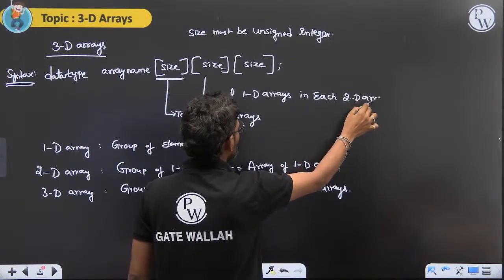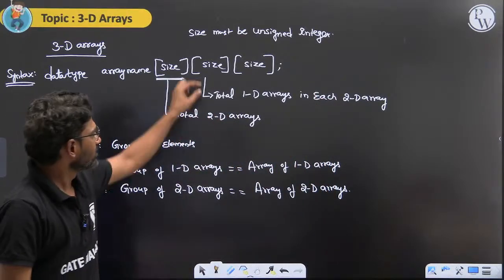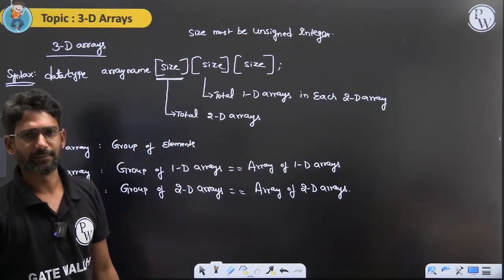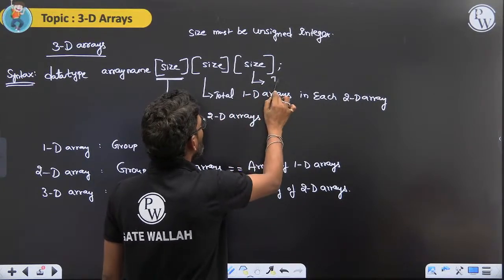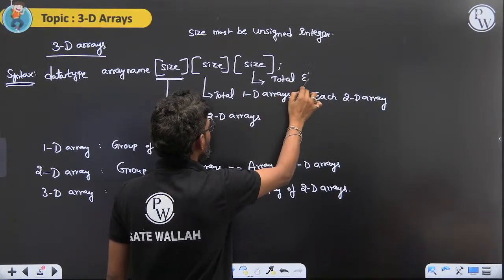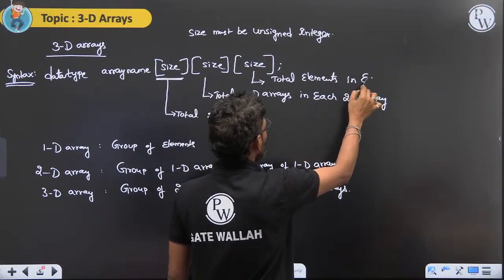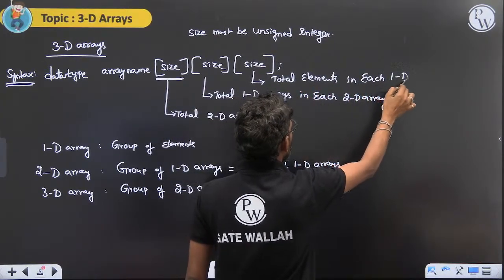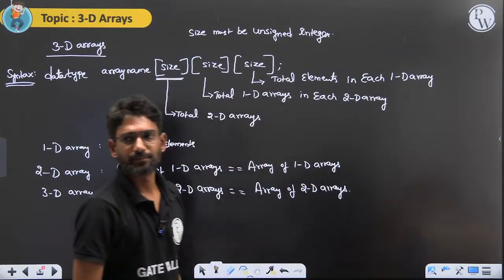In each 2D array, how many 1D arrays are there? That is what the second number is indicating. And what the third number indicates? Total elements in each one-dimensional array.